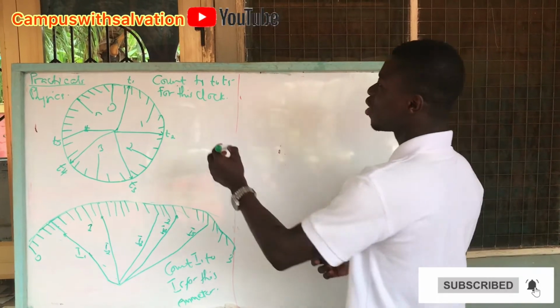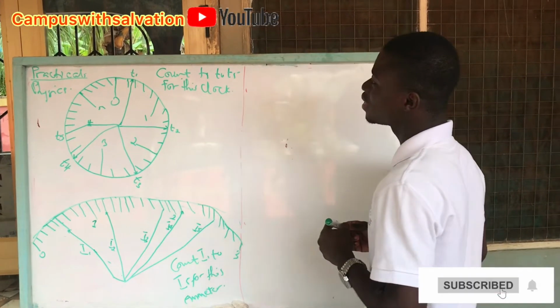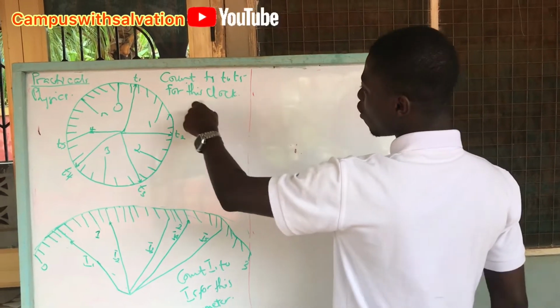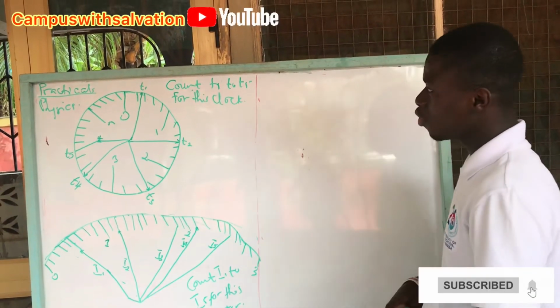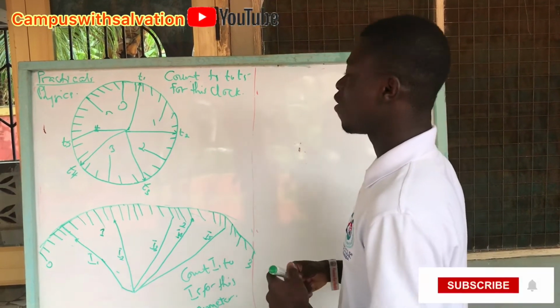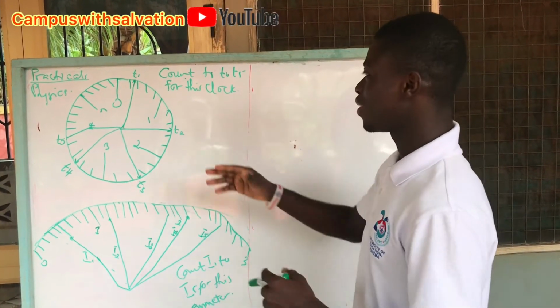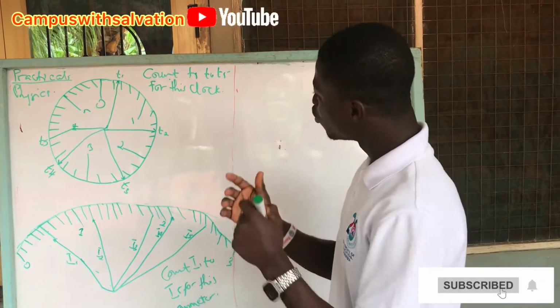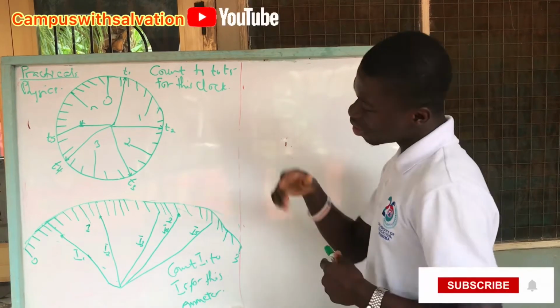We have our clock here, and the question says we should count T1 up to T5 for this clock. But before, we have rules and objectives for calculating for this particular clock. There are some principles you need to obey before you calculate or count for T1.